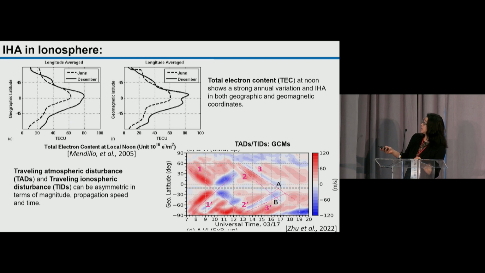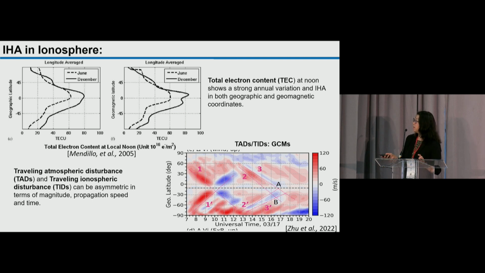So this basically shows the TEC at a fixed local time, variation along the latitude. The left panel shows the variation in geographic latitude, and this one shows geomagnetic latitude. The solid line is for December, and the dashed line is for June. This figure basically indicates two things.